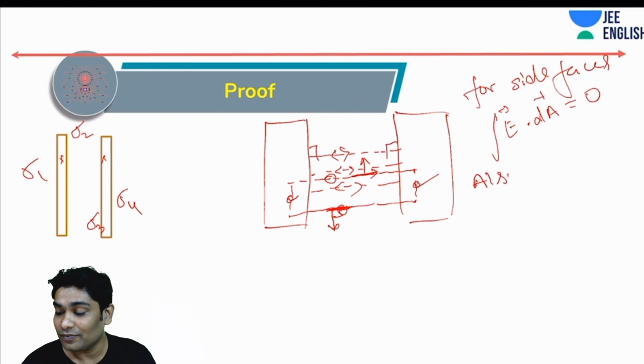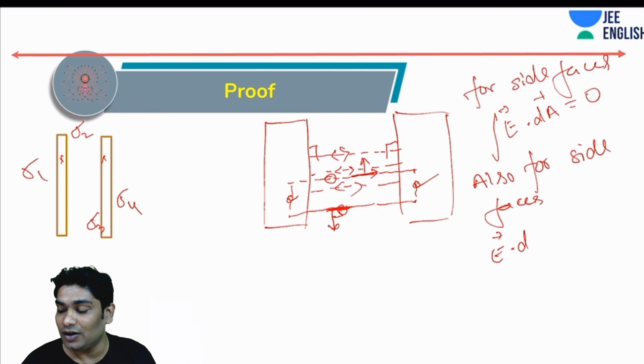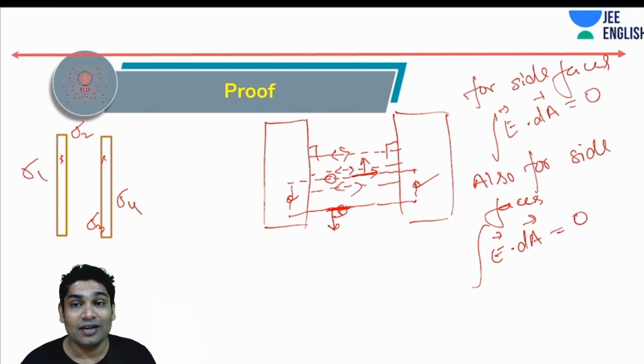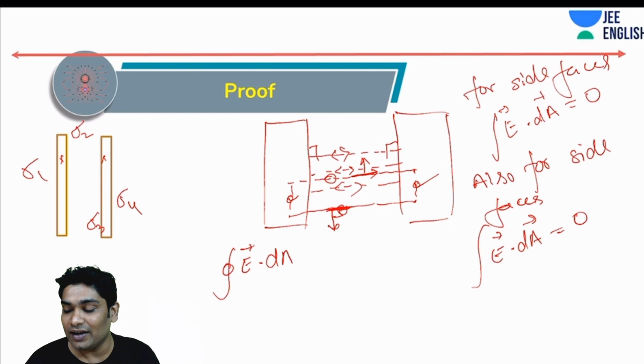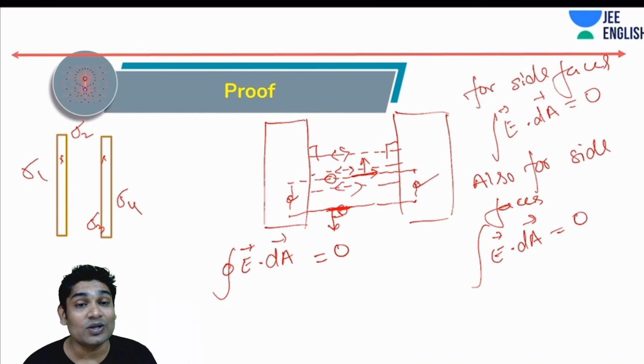Also, side faces will E for D. The main is 0. So what I find is for my E dot dA is the charge enclosed.